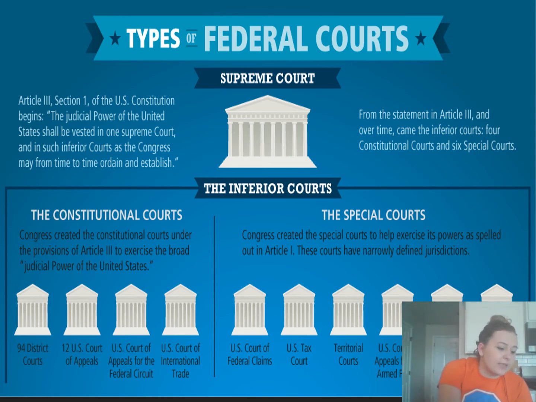There is a case on your sheet called the National Federation of Independent Business. It was the Affordable Care Act case that asked whether or not the Affordable Care Act was constitutional.